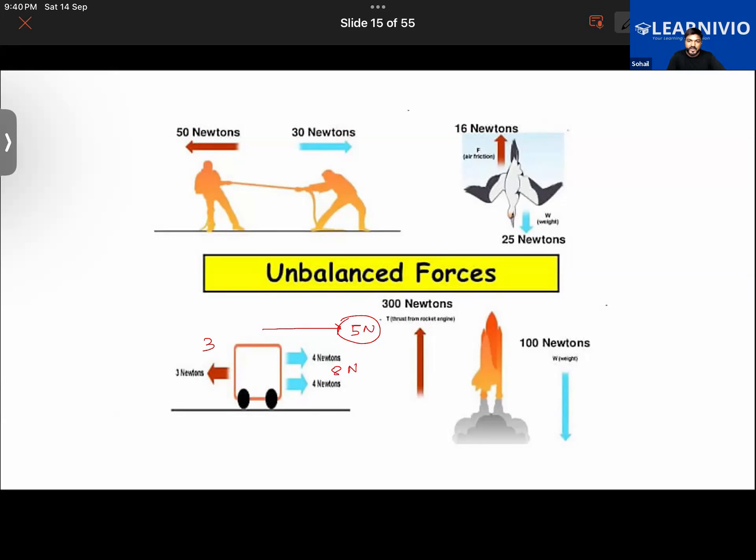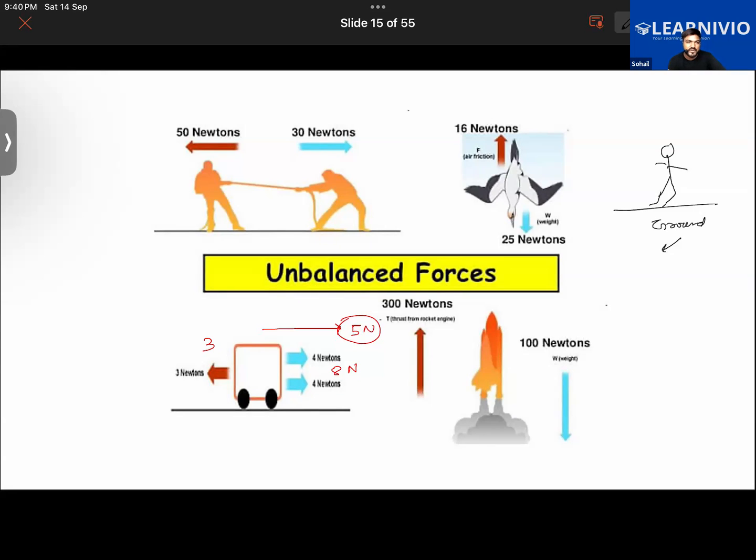Okay, now a car moving on a road, or even you walking on a road, it is because of unbalanced force. As we know, when we are walking on a road, we are basically pushing the ground back. You push the ground back in order to be able to walk on the ground, right?